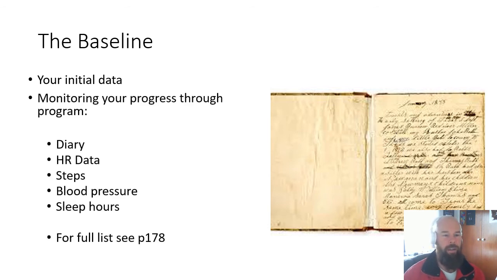Then you're going to monitor your progress using diaries, heart rate data, your steps, blood pressure, sleep hours. There's more on page 178, but all of those are going to be good indicators of how you're progressing through your program. As you improve your aerobic fitness, you would expect to see a decrease in your resting heart rate.